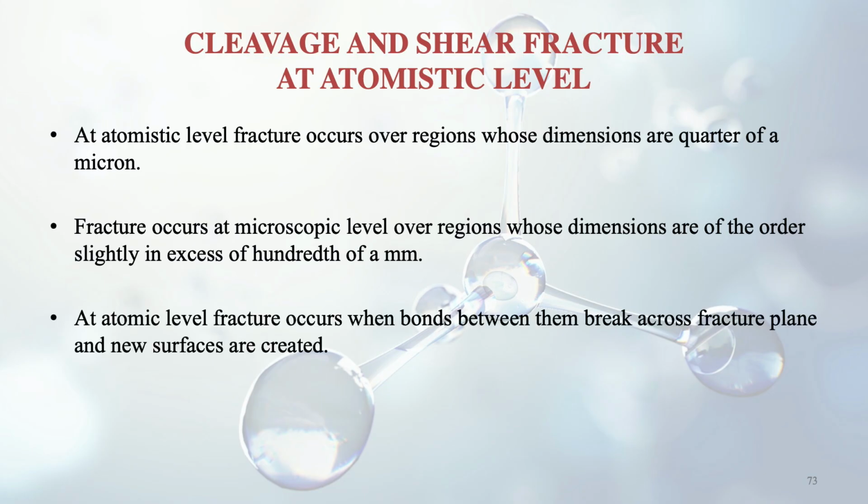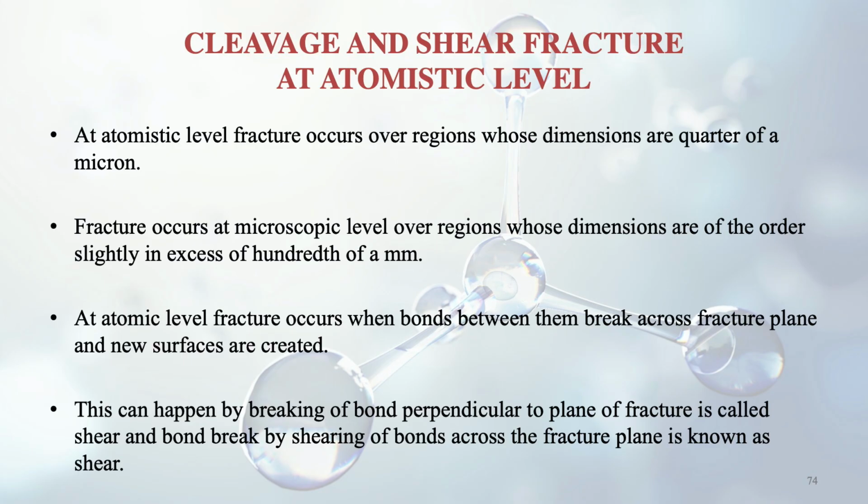At atomic level, fracture occurs when bonds between atoms break across the fracture plane and new surfaces are created. This can happen by breaking of bonds perpendicular to the plane of fracture, and that is called cleavage, and bond break by shearing of bonds across the fracture plane is known as shear.